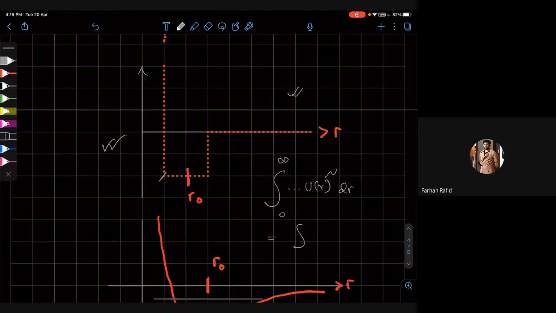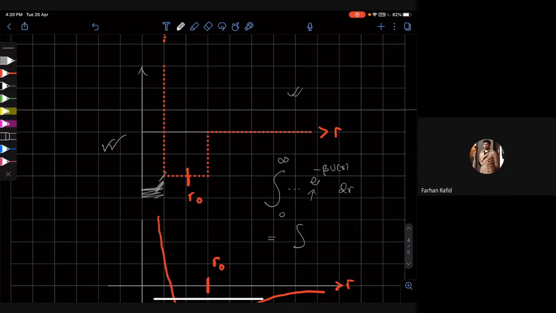Because of the partition function, the integral will be of this form: e to the power minus beta u of r. When you do the integral from 0 to infinity, the contribution from this part is going to vanish, because that's going to give rise to 0 here.